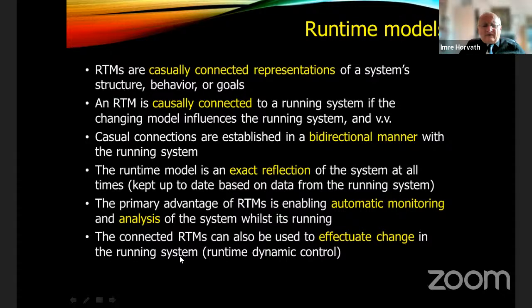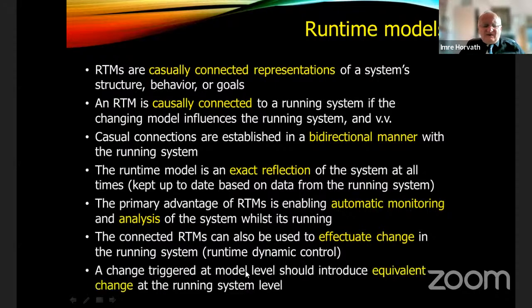Not only one runtime model, but actually multiple runtime models can be used in a system. They are referred to as connected runtime models, and they can also be used to effectuate change in a system of systems. So multiple interconnected systems can be developed based on runtime models. When multiple systems are involved, this is typically referred to as runtime dynamic control over the system.